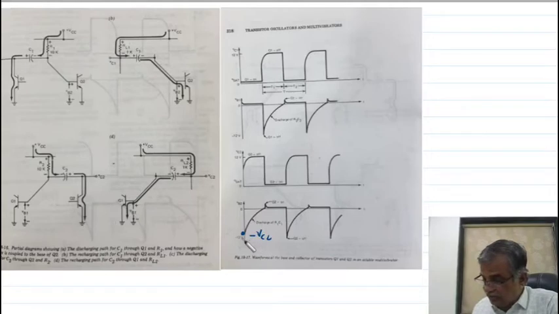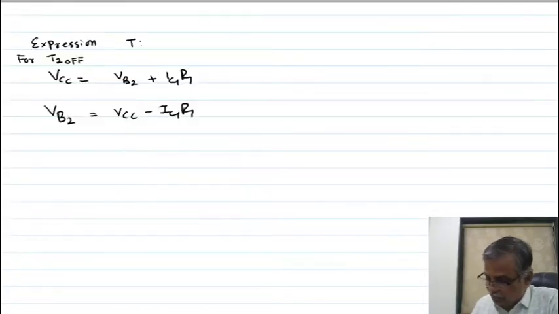So the initial voltage at the base is how much? VCC minus VCC, then voltage at the base is nearly 0. Now you can see exponential discharge takes place. So for the initial voltage I have to write minus VCC.